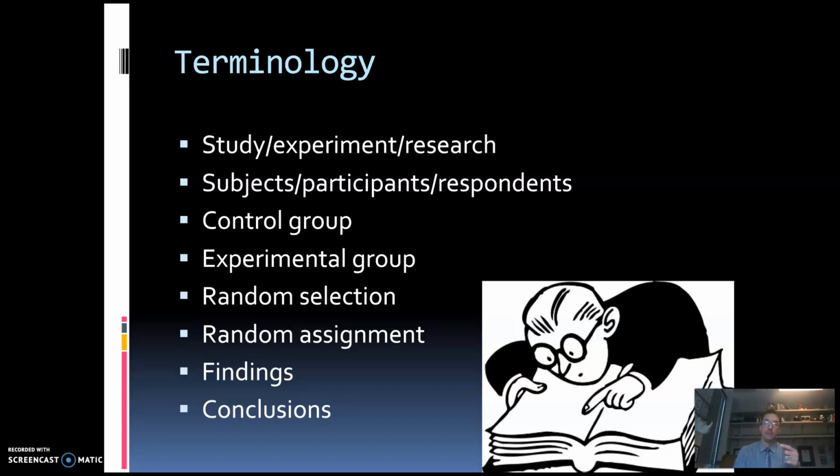So let's say we run an analysis and we find that women scored higher on an IQ test than men, right? We could say in chapter 4 that the data indicated that women showed higher levels of IQ than men, right? And this is fact. If you've got the data to back it up, you cannot argue that. The facts indicate that women scored higher on IQ tests than men, right?